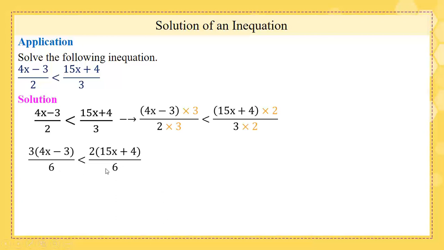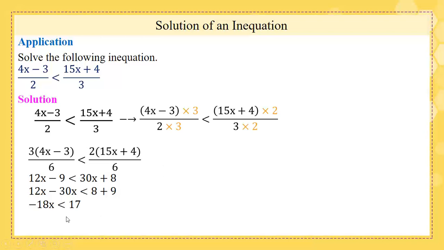Now we eliminate the denominators 6 and 6 and we expand both sides at the same time. So we get 12x minus 9 smaller than 30x plus 8. In the following step, we move the variables to one side and the numbers to the other side. Now we reduce to get -18x smaller than 17.